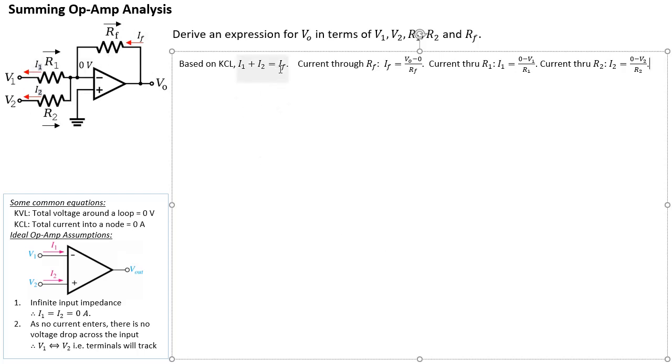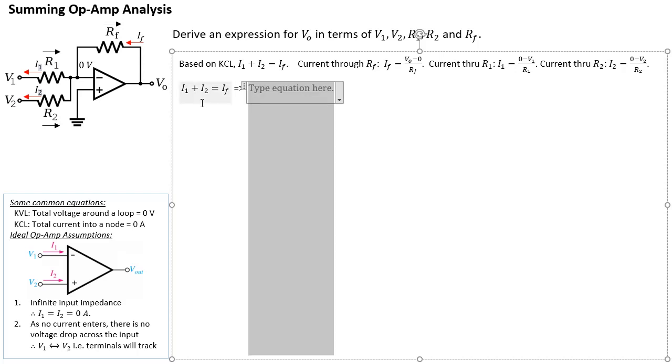So what we do now is combine all these equations into our first KCL equation that we found. So I'm going to put it down here. So that becomes, well, what is I1?